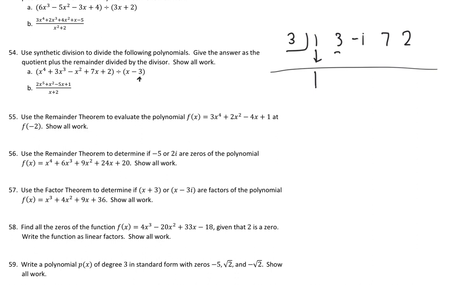So it's going to be 1 times 3 is 3. 3 plus 3 is 6. 6 times this 3 is going to be 18. Minus 1 is going to be 17. 17 times 3 is going to be 51. Plus that is going to be 58. Times 3 again is going to be 174. Plus 2 is going to be 176. And this last number we have here is always going to be a remainder.